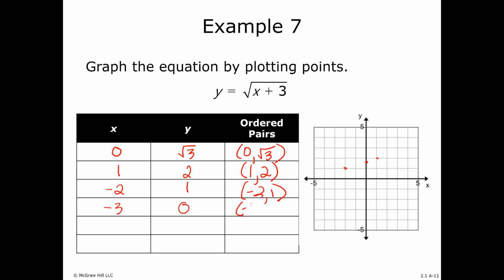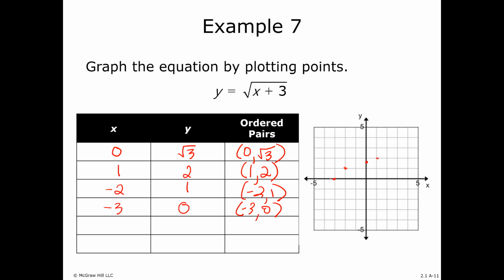So -3, 0 would be right here. And if you try to go any further left on the x-axis, you're going to get a negative value. So you know that this is a function where the x values have to be -3 or greater.